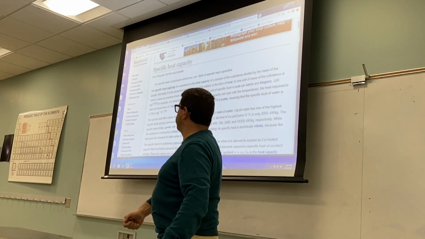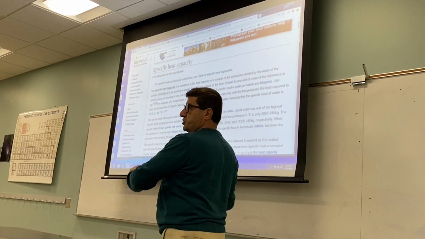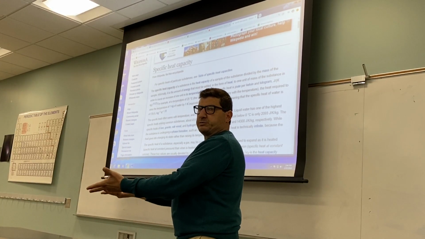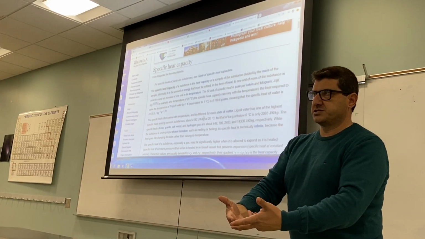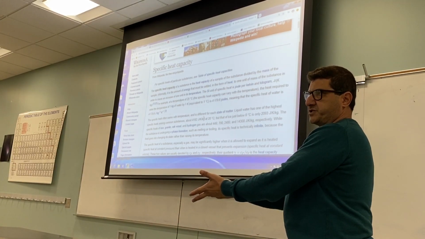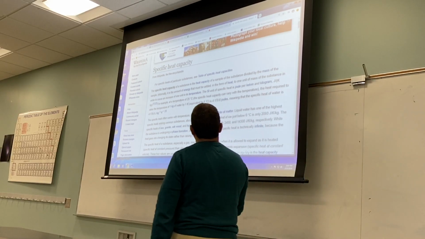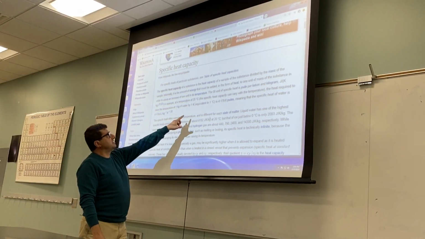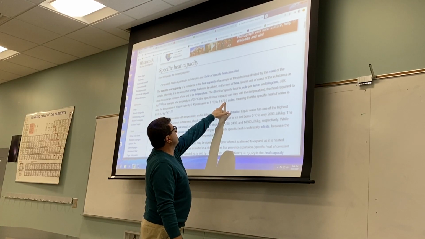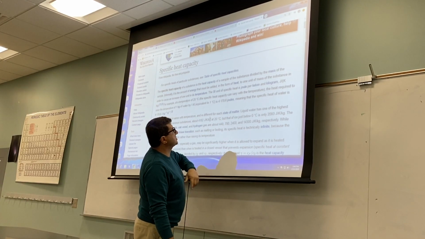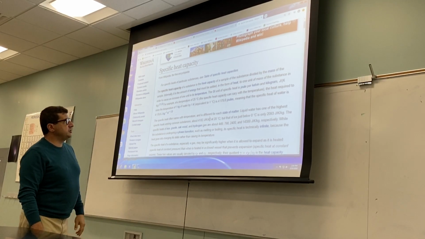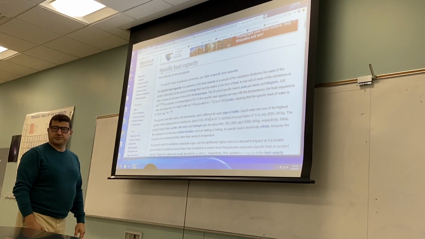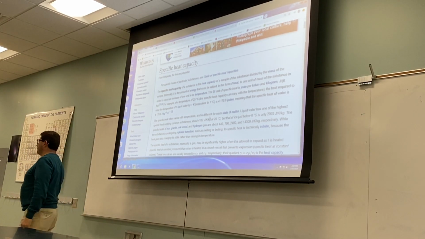Here we're saying, how much energy does it take to change its temperature? The bigger the specific heat, the more energy it takes to change the temperature of something. You see? So water has one of the highest specific heats. It takes 4,179.6 joules of heat to change the temperature of water by 1 degree Celsius.